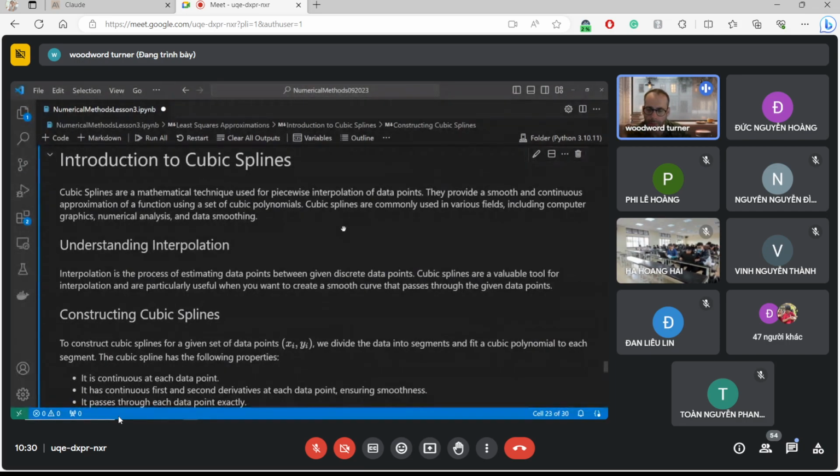So that means we can interpolate this piece between these two data points, the next piece between these two, et cetera, et cetera. And these are commonly used in various fields, like I mentioned, computer graphics, numerical analysis, and data smoothing. So it's pretty good.